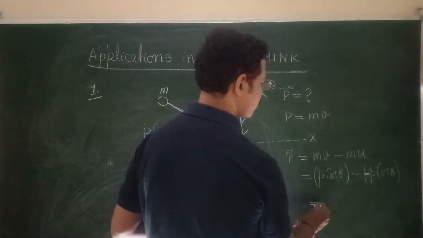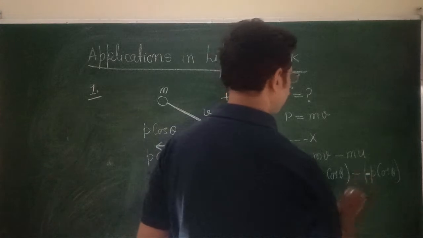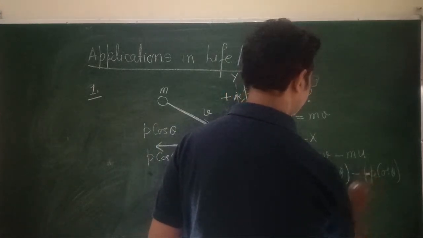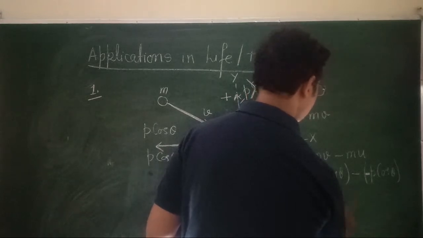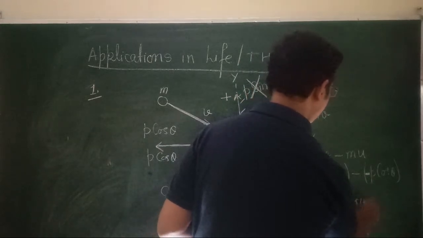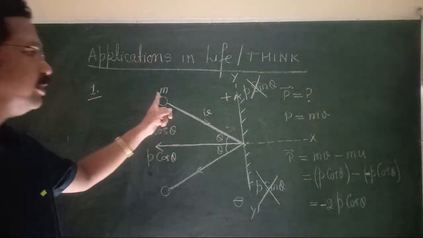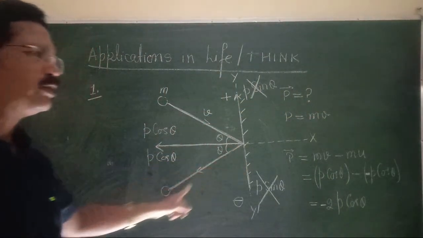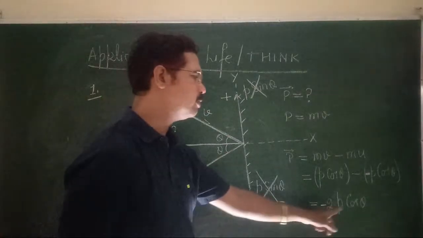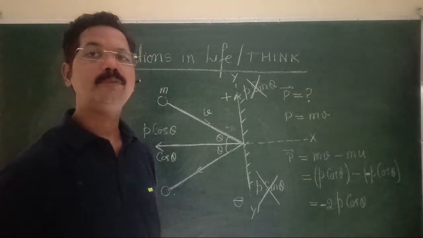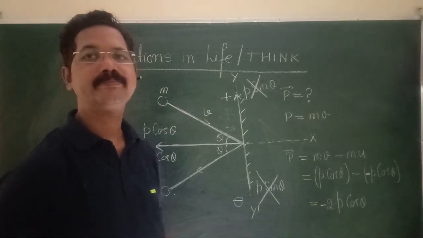This becomes 2P cos theta. This is the value of the total momentum.